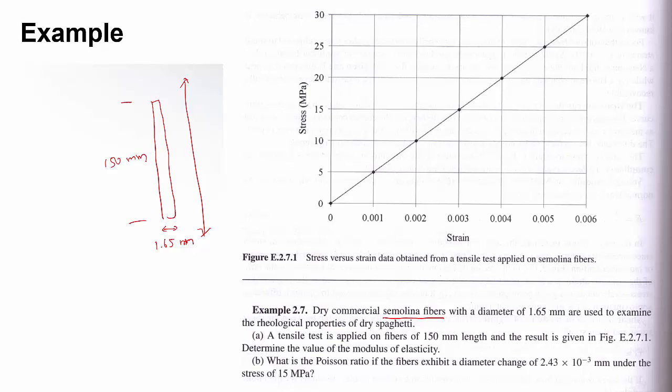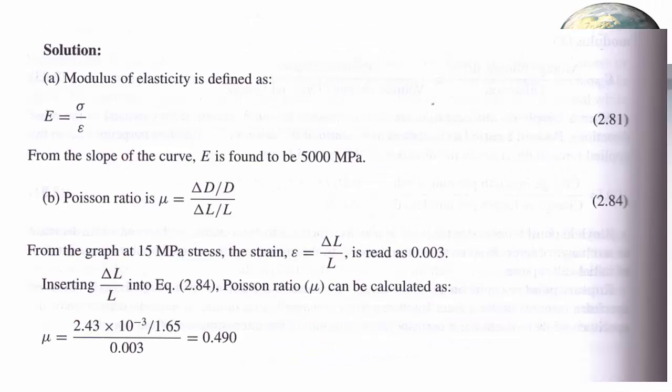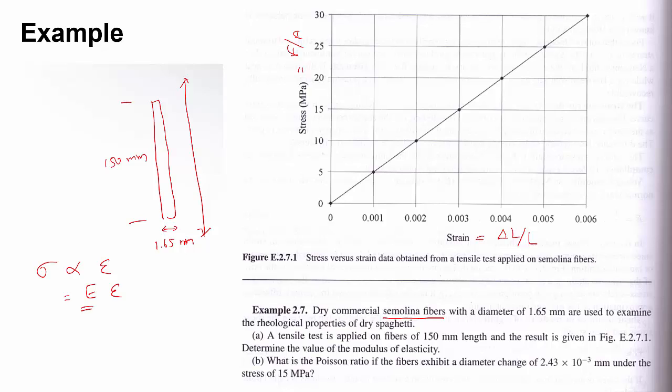And then when they do that, the strain, if you remember what the strain is, delta L by L, and stress is nothing but the force applied per unit area, right? So, as you remember, the stress is proportional to strain, and the proportionality constant is the Young's modulus. Therefore, the slope is the Young's modulus.